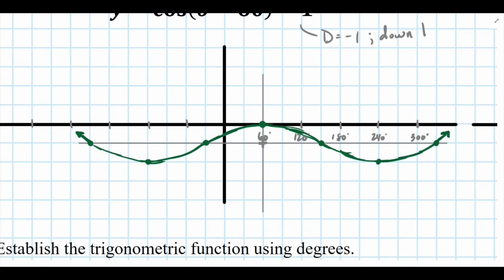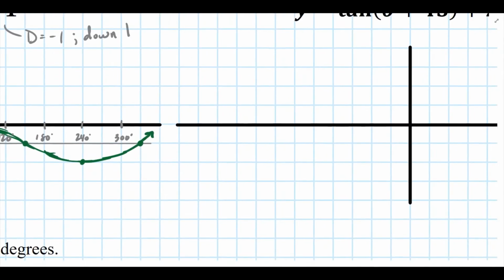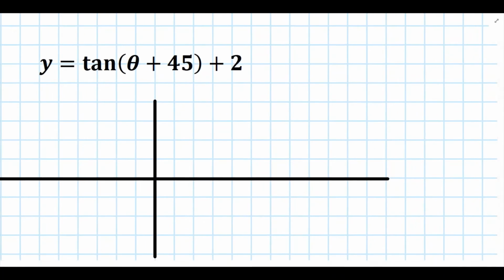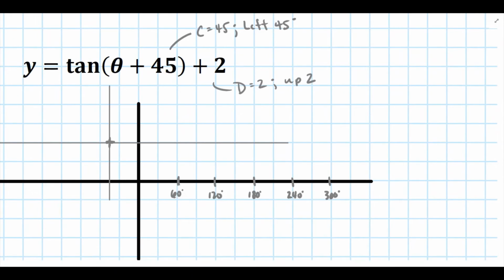The graph of the tangent can be completed in much the same way. The new axes are moved to the left 45 degrees and up 2 units. From this location, we can establish key data points and asymptotes, then generate the rest of the graph of the function.